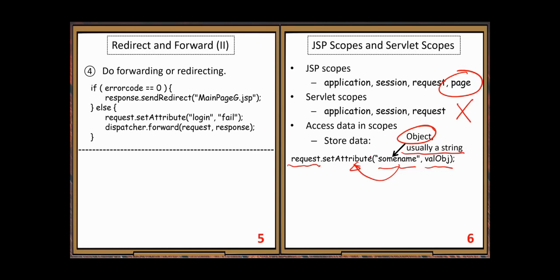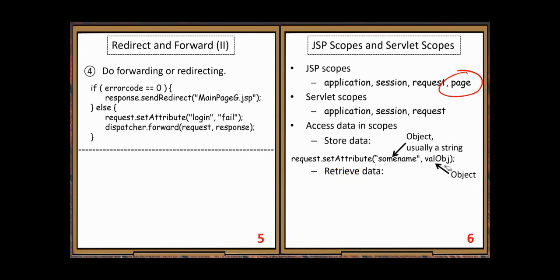It is sometimes also called the key of the attribute. If it is a key, then you can use any object. So the original type is Object, but most of the time, people use String to provide the name of the attribute. The second parameter is the value, which is an object, the object of that attribute. That is the way to store data.